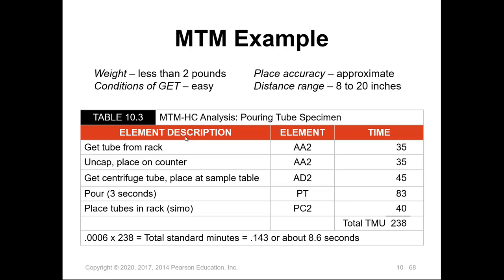The TMU as a measure is equal to 0.0006 minutes. So we can convert the 238 by multiplying by 0.0006, which will equal 0.143 minutes, or around 8.6 seconds. So the task will take about 8.6 seconds.